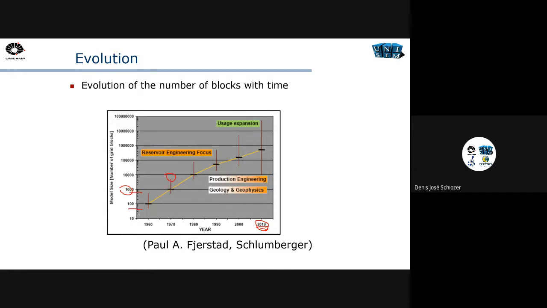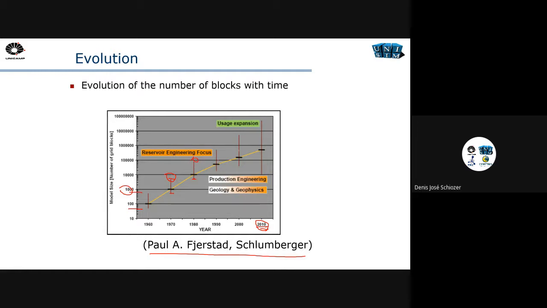This bar here represents the minimum and the maximum studies that were presented in the literature. This was a study from Schlumberger using literature examples, showing how many blocks the published models had. For example, in the 80s, the minimum size was almost 8,000 to 10,000, and the maximum 100,000.